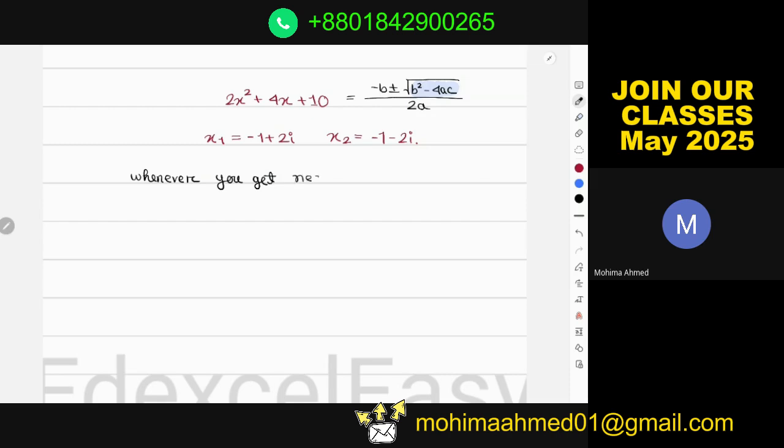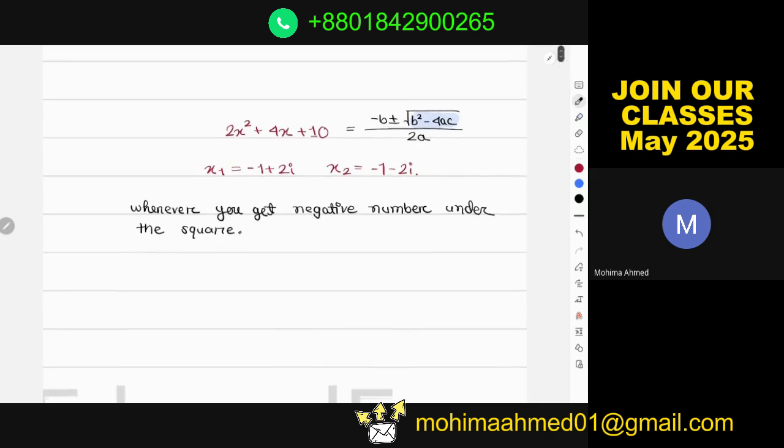negative number under the square root, then what happens? The value turns out to be imaginary.